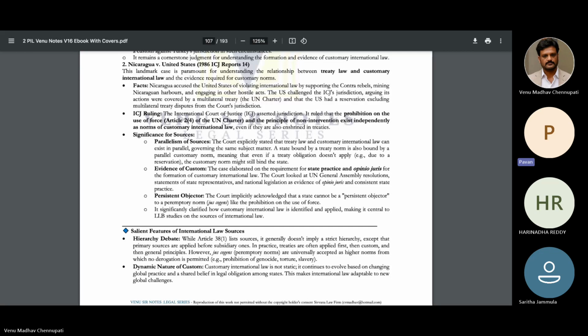Persistent objector: the court implicitly acknowledged that a state cannot be a persistent objector to a peremptory norm, like the prohibition on the use of force. It significantly clarified how customary international law is identified and applied, making it central to LLB studies on the sources of international law.